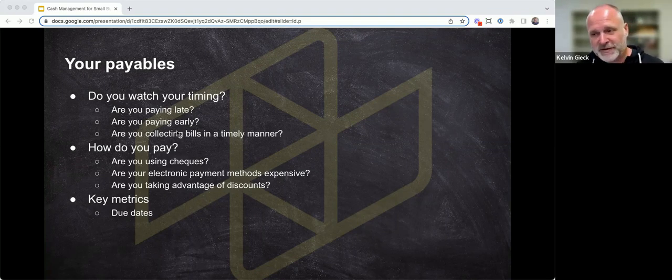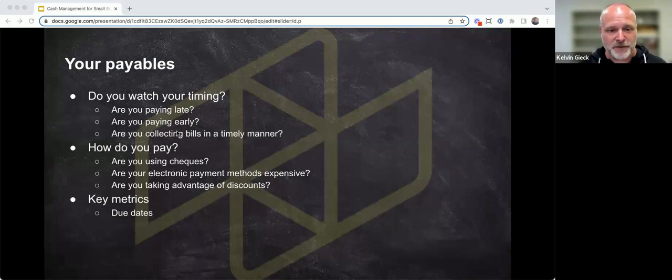But of course, paying too early can also be an issue, because the sooner you pay your bills, the less money you have in your bank account. This could mean that you miss out on other business opportunities as they come up simply because of a lack of cash. Paying too early can also have a physical cost.